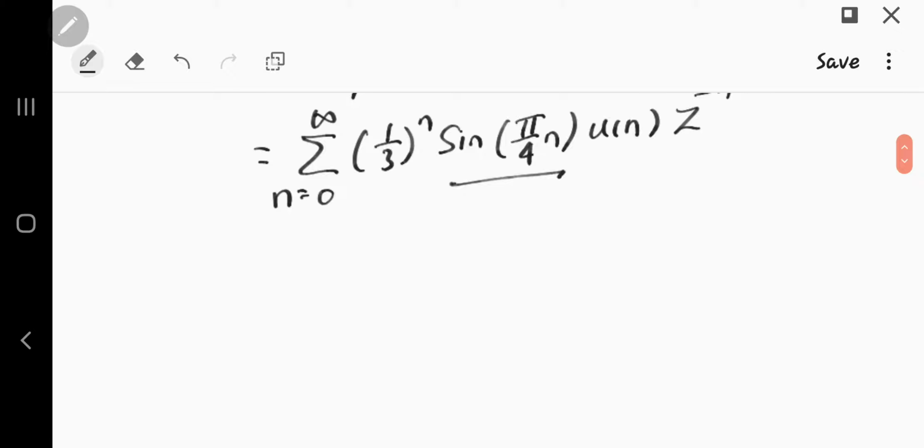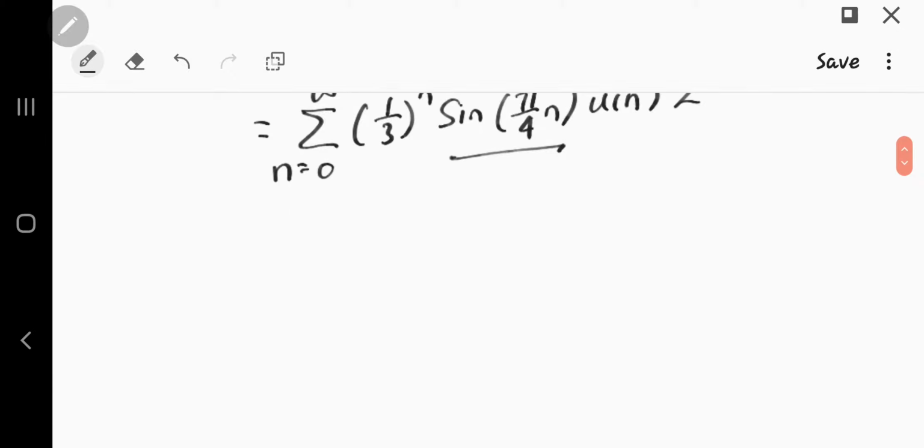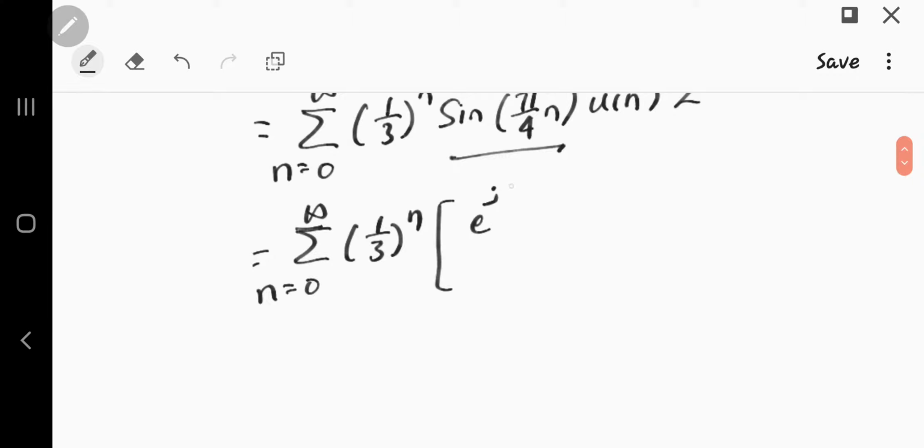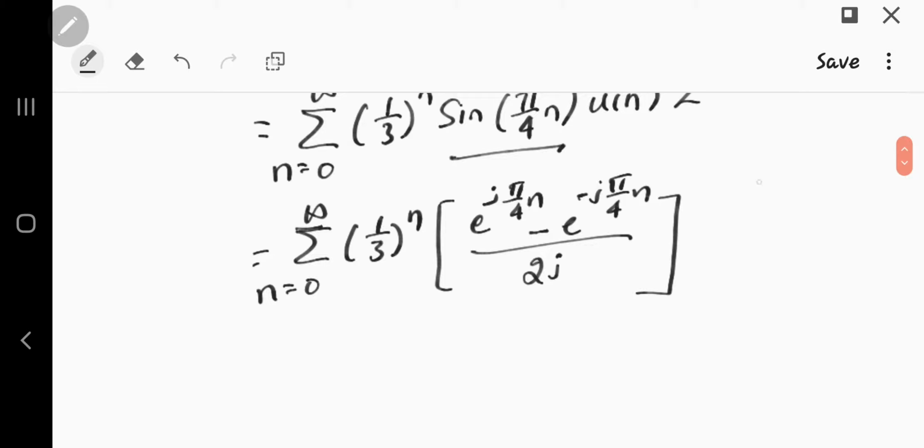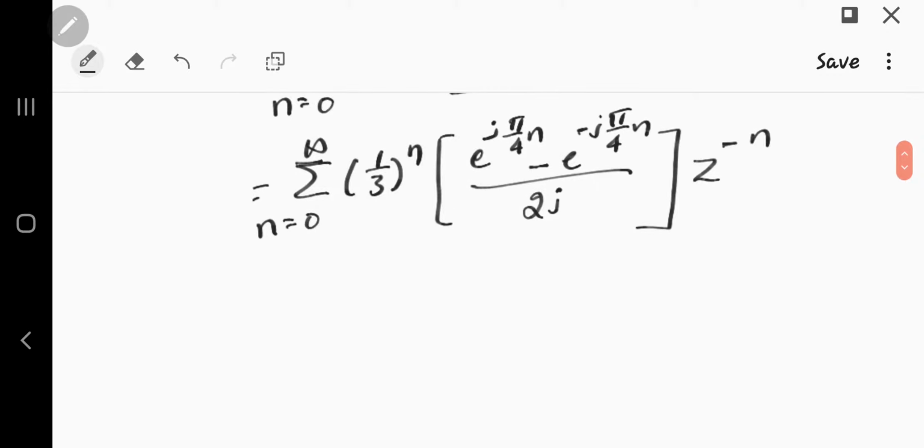Now let's convert this sine term into exponential. That gives summation n is equal to 0 to infinity (1/3) to the power of n, and inside this, (e power j pi by 4 n minus e power minus j pi by 4 n) divided by 2j, times z to the power of minus n.